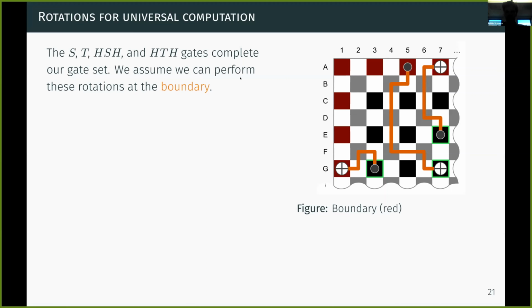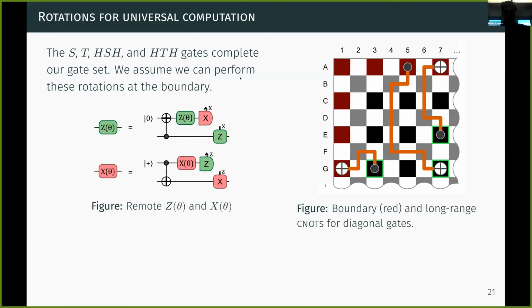We had assumed that we can perform these gates at the boundary, if you recall from the introduction. And a simple gadget that we used to perform these T gates, so Z theta is a rotation around the Z-axis by an angle theta, and T is theta equals pi over 4, I believe.